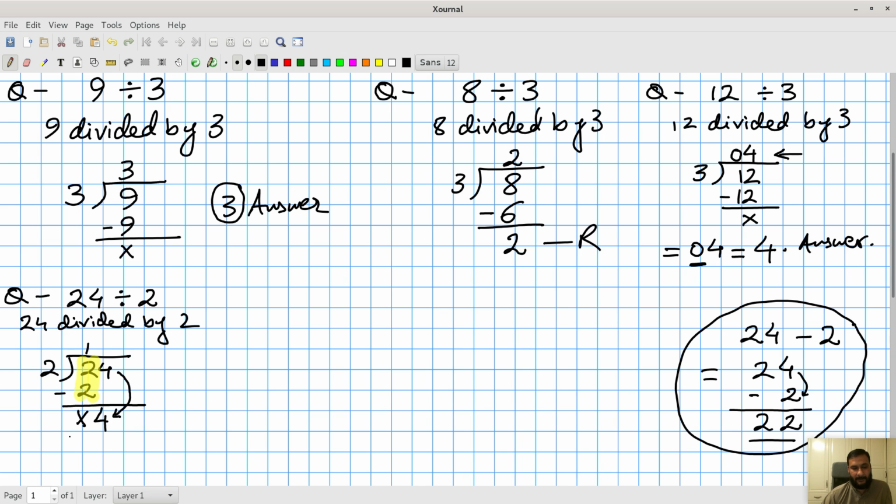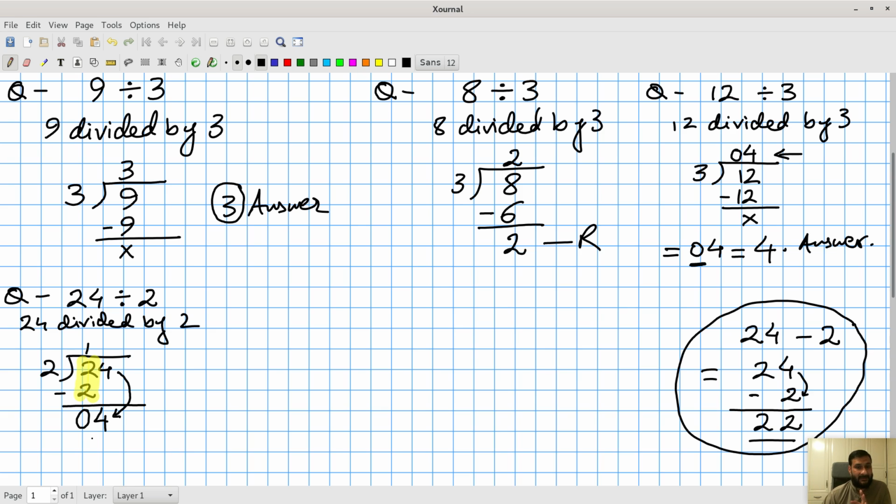Before I perform the next step, I want to highlight why I put a cross here, because in the beginning I said this is a cross and not 0. It is meant to be 0, it is considered 0, but we put a cross here because if it was 0, which is perfectly alright, there is a high chance for some students to confuse it as 40. It is not 40, it is 04, which is just 4.